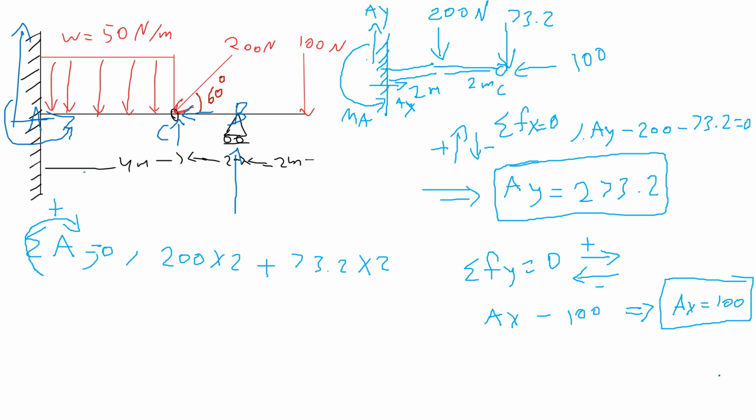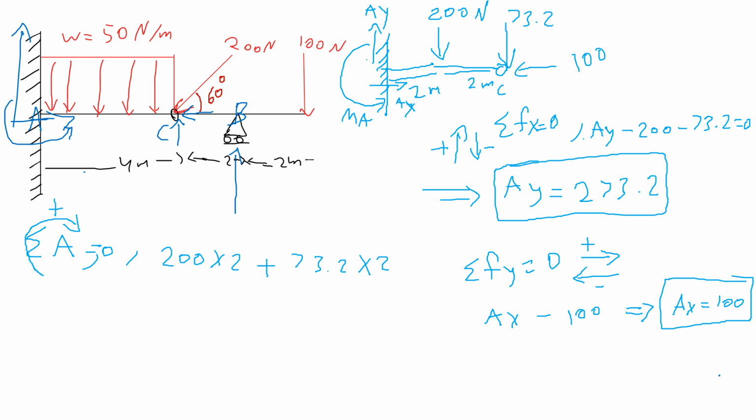Do I have any other directions? I don't, right? It all goes through point A. Note that I have assumed it clockwise positive.